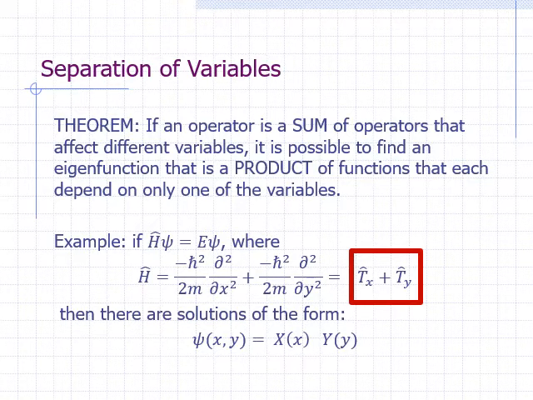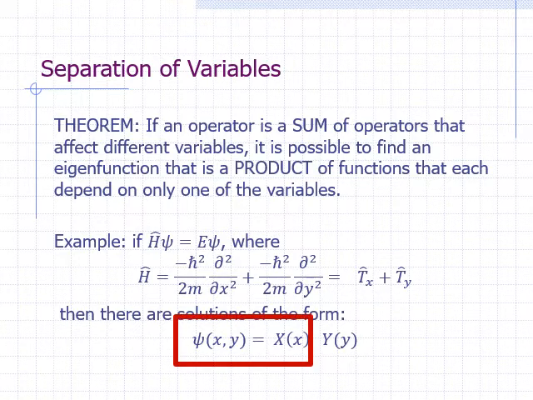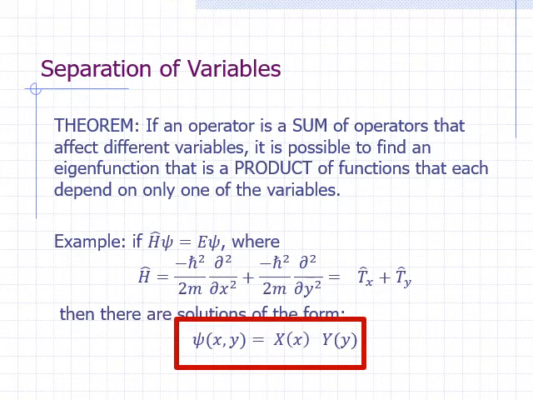What the theorem is saying then is that we can find an eigenfunction that can be written as a function of x times a function of y. Here we're using uppercase X as a symbol for our function of x and uppercase Y as our symbol for the function of y. Remember, lowercase x and y represent the coordinates of the particle.